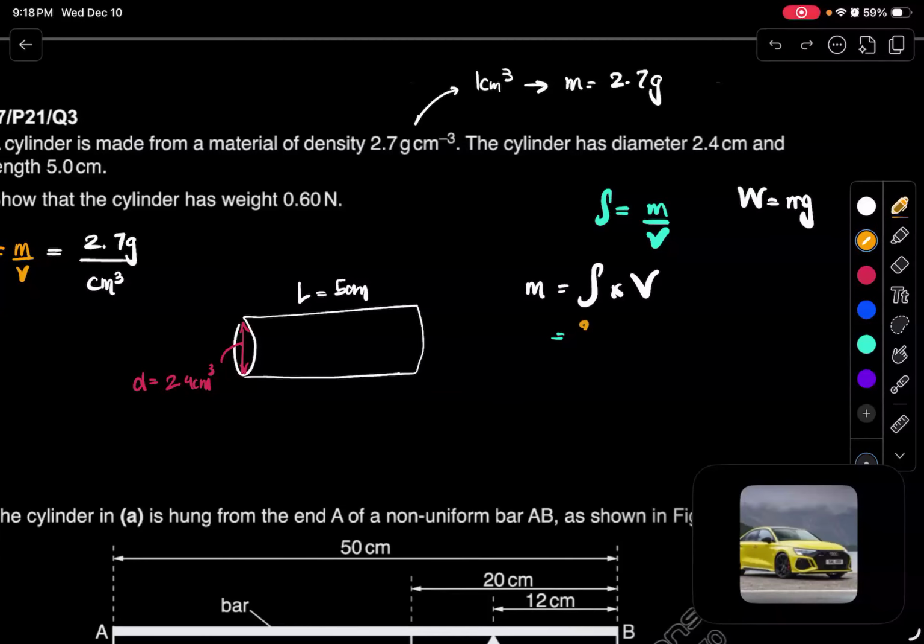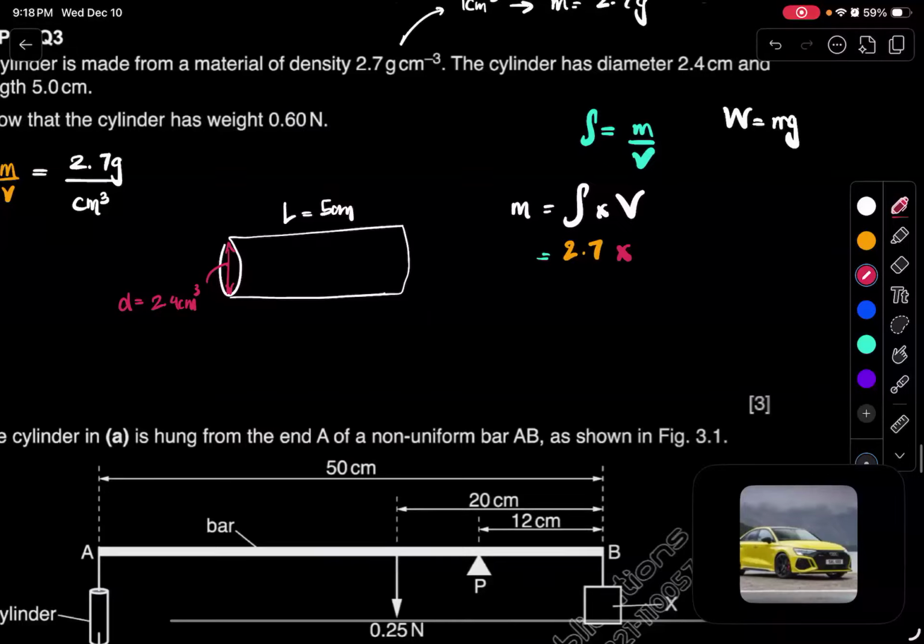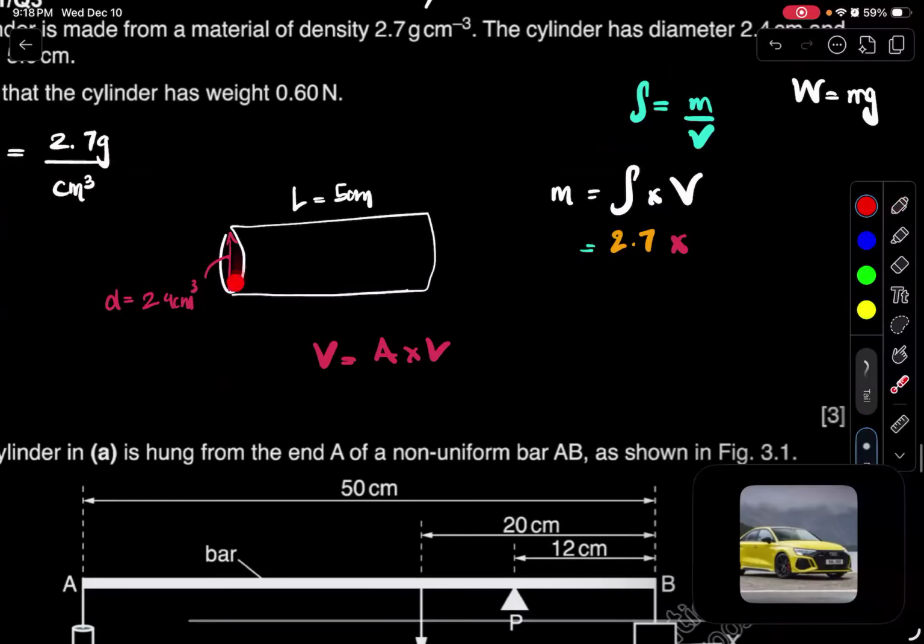Now the density is 2.7 gram per centimeter cube, multiplied by the volume. Now, how do you figure out the volume of a cylinder? That's something you have to learn. The volume of a cylinder is equal to the area multiplied by the length. What is the area of a circle? It's pi r squared, right?